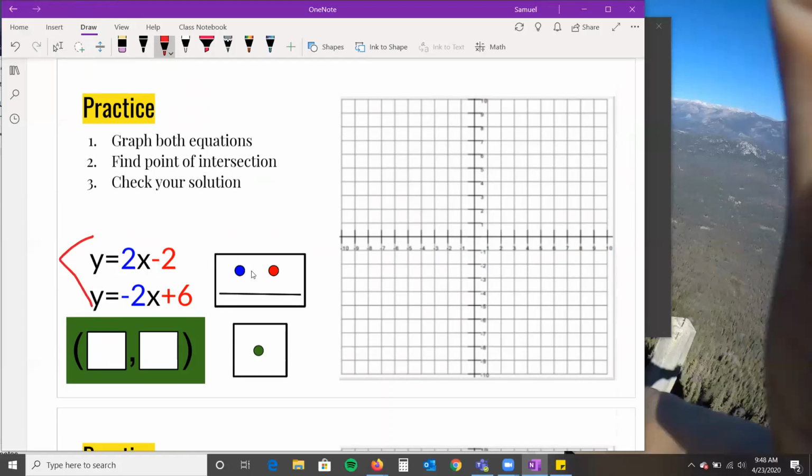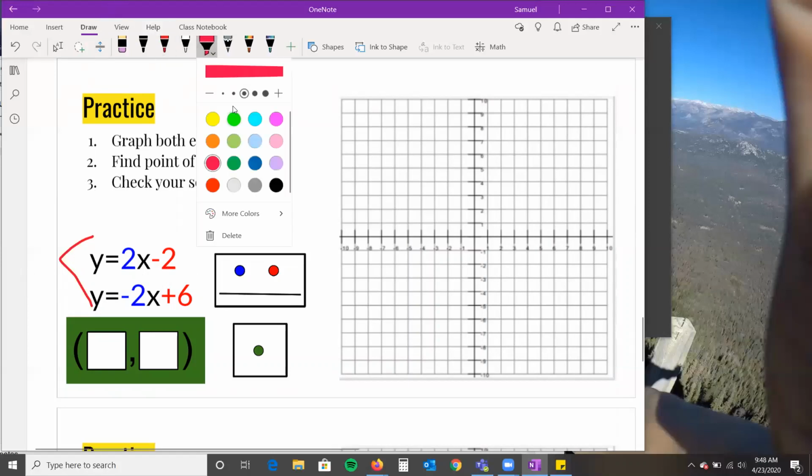What I want you guys to do is use your red dot for your y-intercept and blue for all your other dots. Then use your lines and put the green dot on the answer. So for this one, what is our slope and what is our y-intercept for this first equation here, guys?